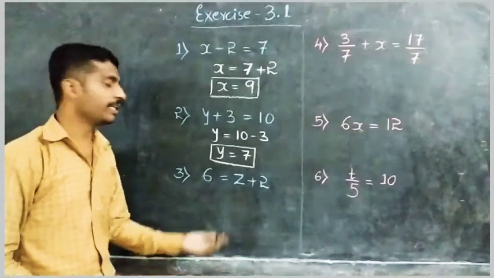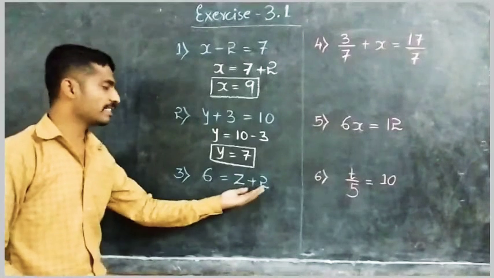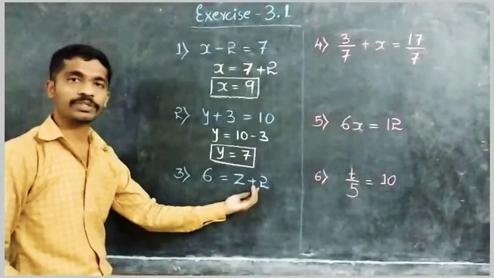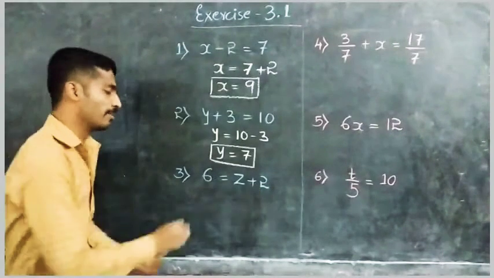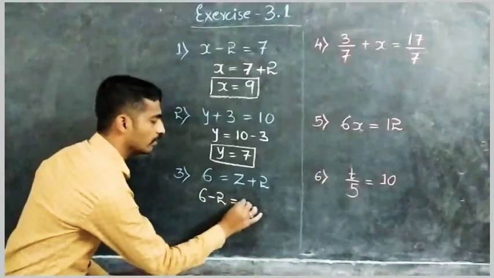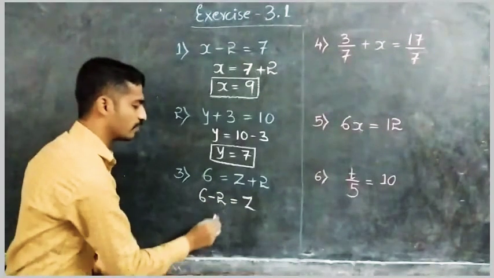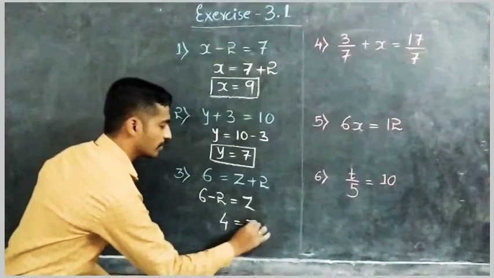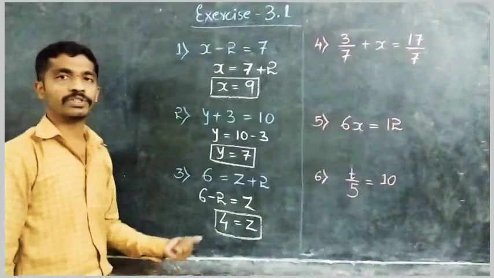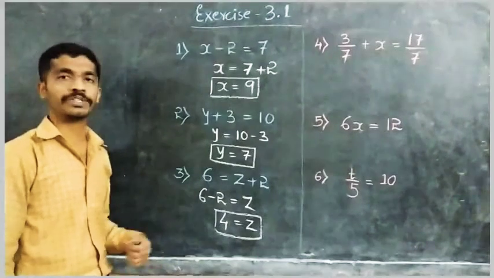What we need is the z value. Let's take 2 to the left side. Here plus 2 is there, and if I take it to the left side, it becomes minus. So 6 minus 2 equal to z. 6 minus 2 is 4. So z value is 4. This is the solution of our equation.